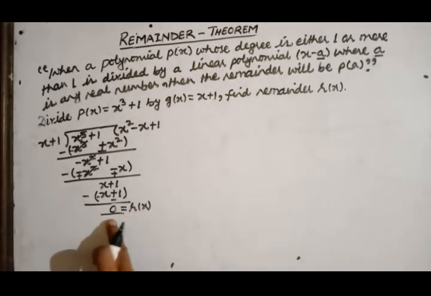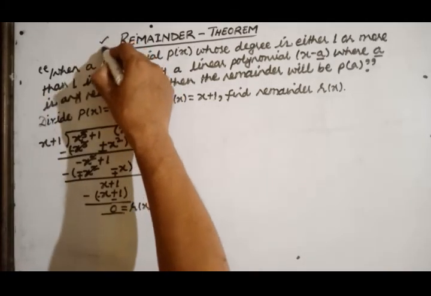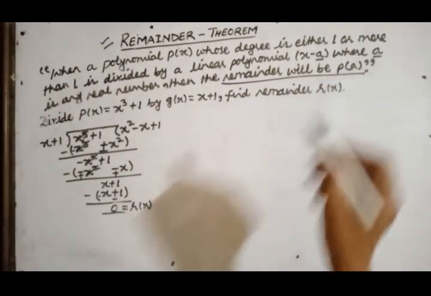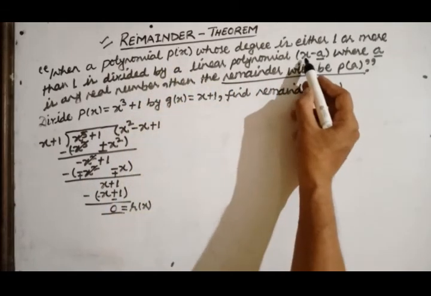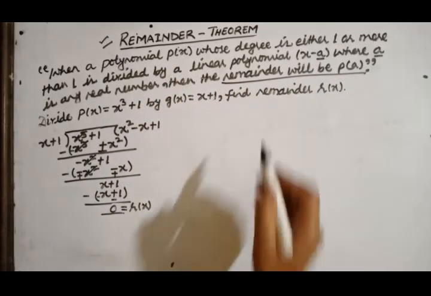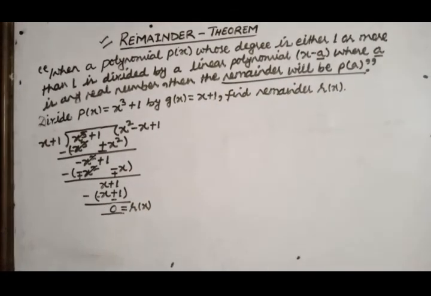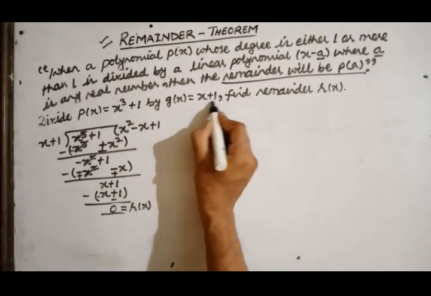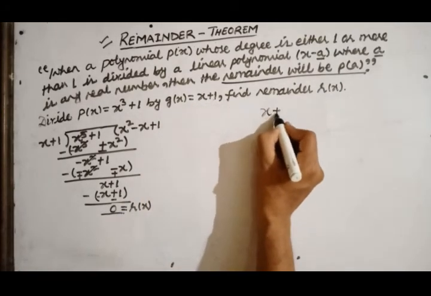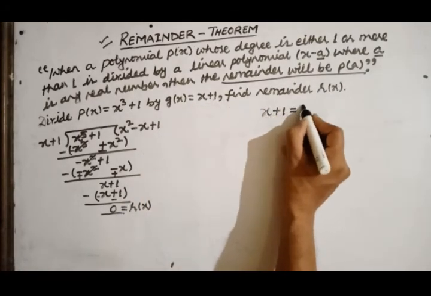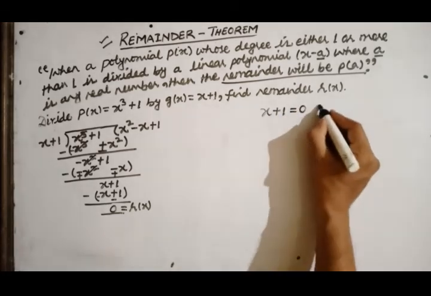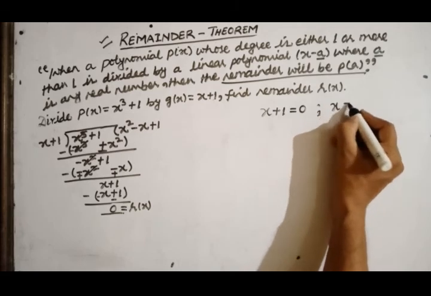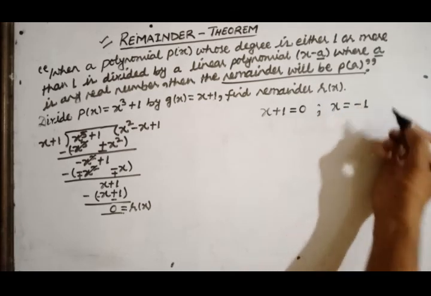Now let's calculate this remainder using the remainder theorem, which states that when a polynomial p(x) is divided by a linear polynomial like x minus a, then the remainder will be the polynomial at a. So according to that, we equate this g(x) to 0 at first, for which x becomes minus 1.